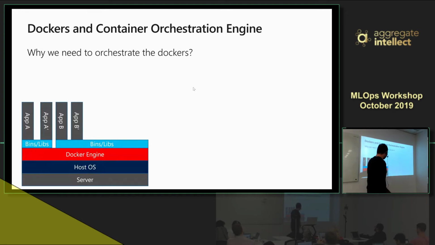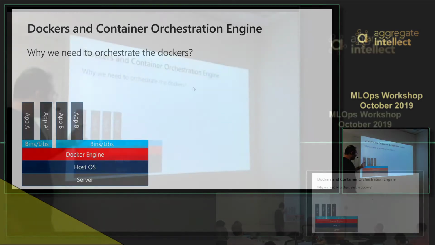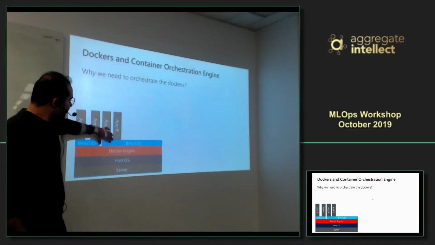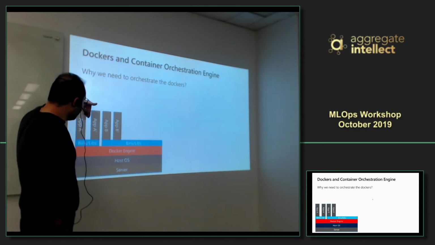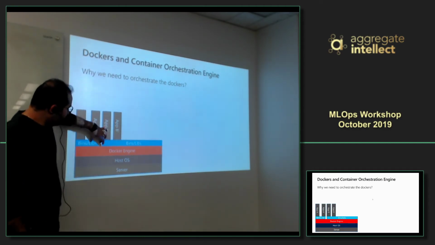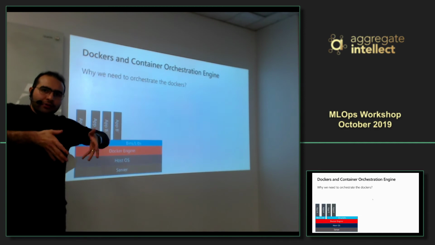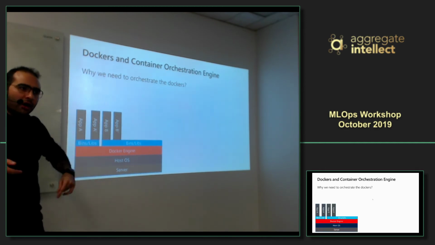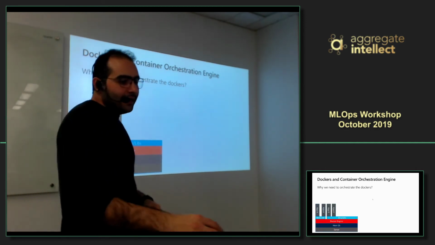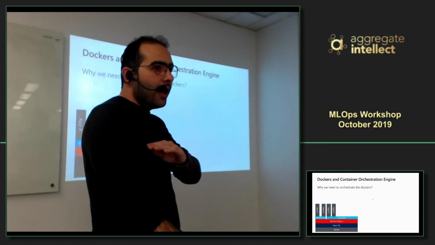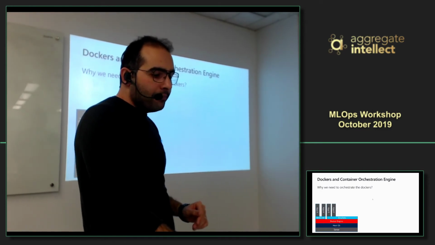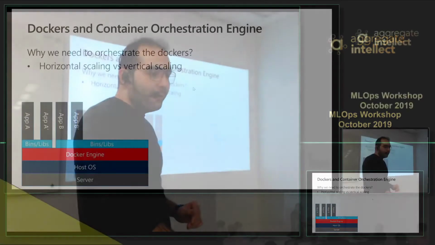So going back to our example, let's say we have images, and each of them is assigned a particular capacity, so they consume part of our machine, not everything. If you want to scale vertically, we can do that.